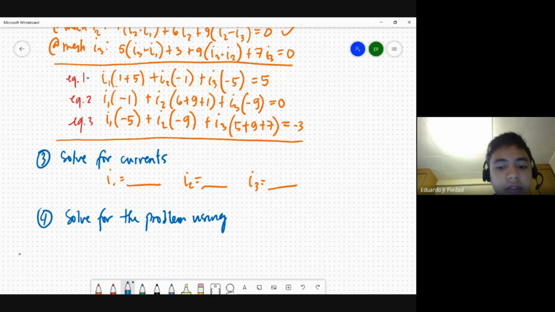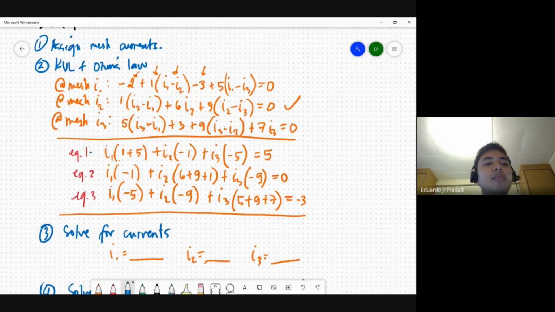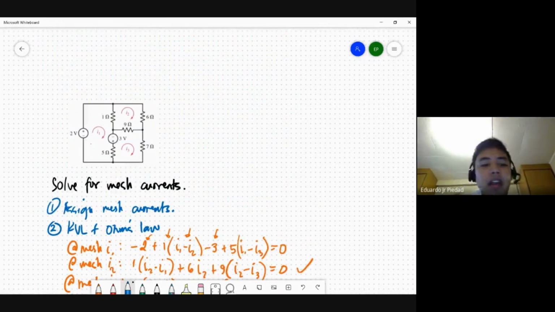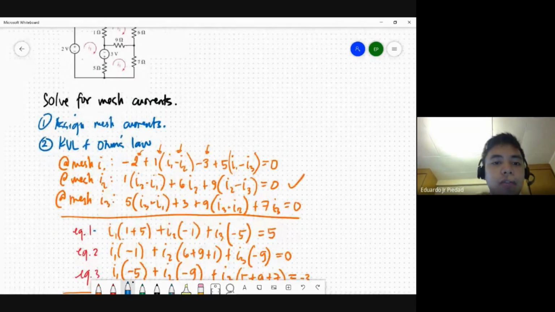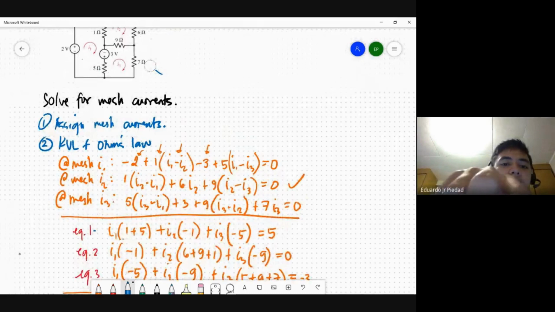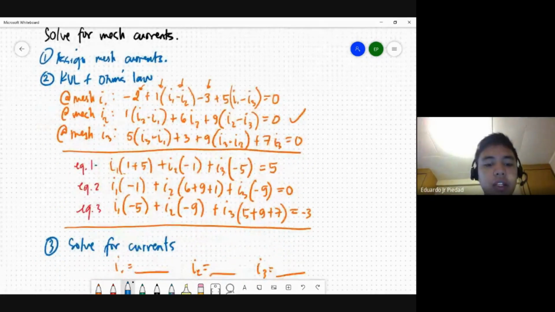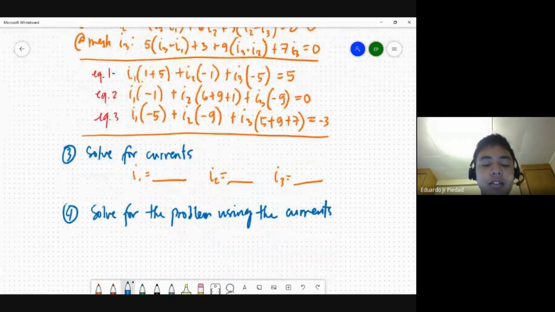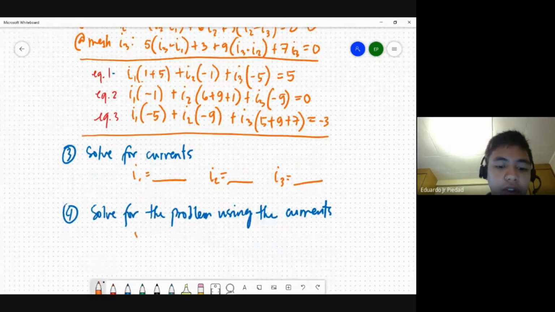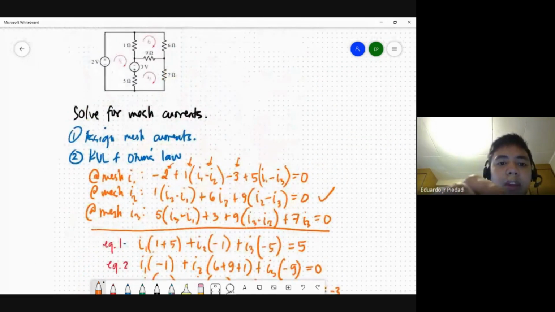Using the currents, as I said in the very beginning, you can solve any problem like finding the power or the energy. If you are given the currents and you already have the resistors, then you can solve whatever the problem is asking. For example, the power at 9 ohms.